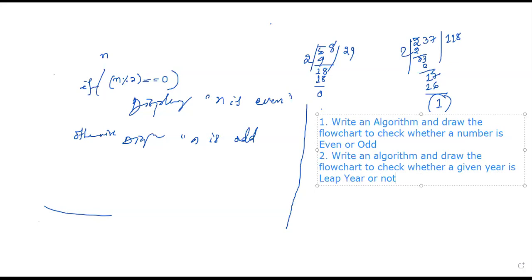Write an algorithm and draw the flow chart to check whether a given year is leap year or not. Number 3.